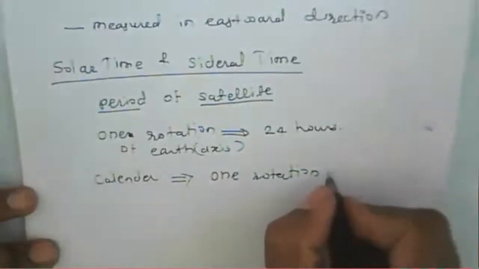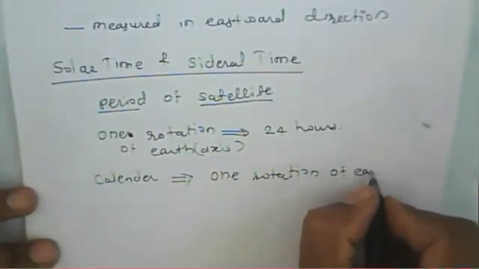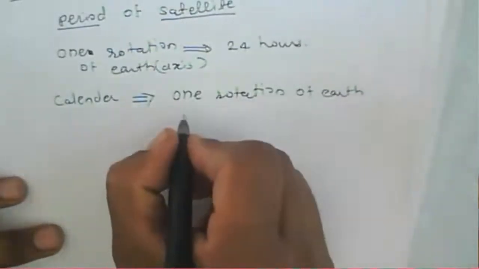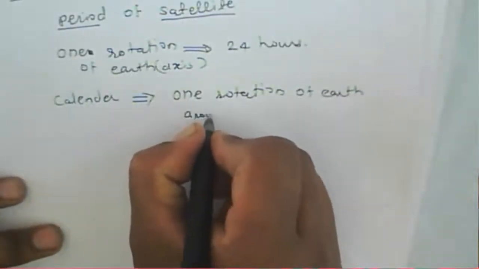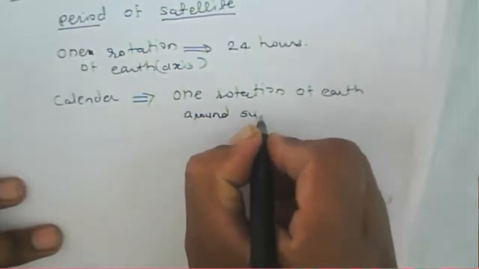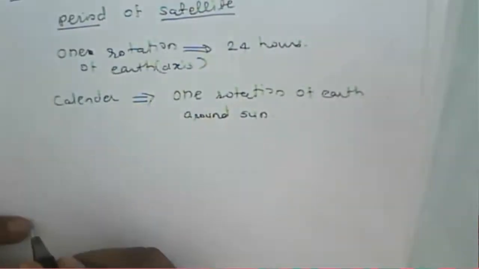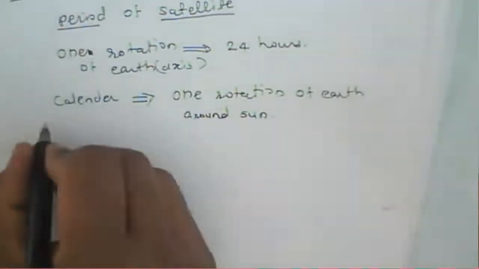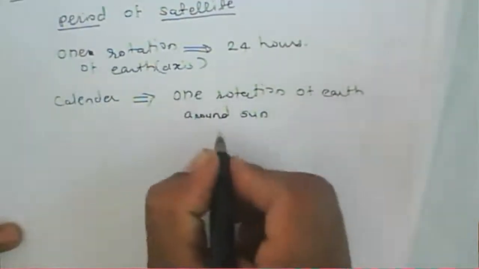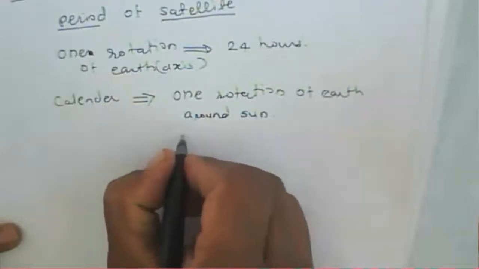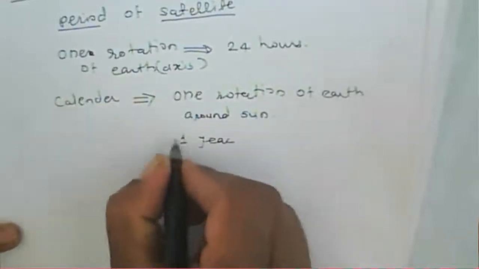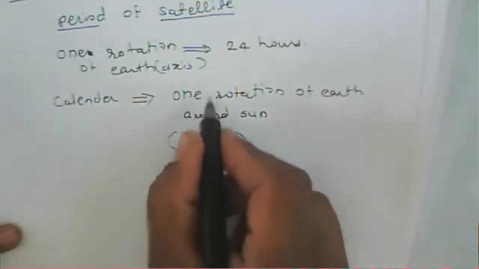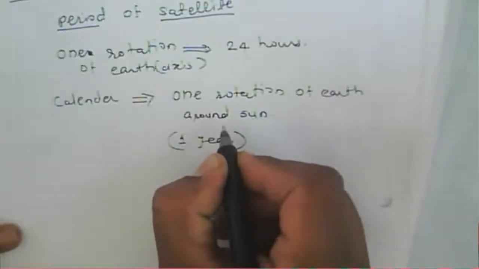This is the axis here, and one rotation of Earth. The calendar says one rotation of Earth around the Sun.